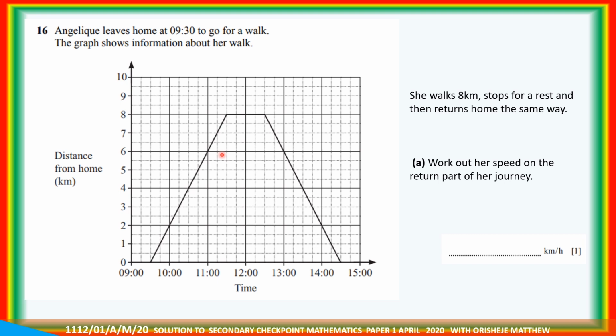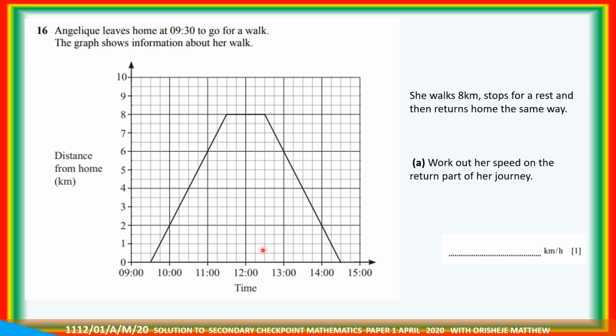Question A. Work out her speed on the return journey. So you look at this journey while she was walking back home. Now we know the distance is 8 kilometers, because where she walked to before she rested was 8 kilometers, which is given. But what you need to find out is how long she took to walk back home.